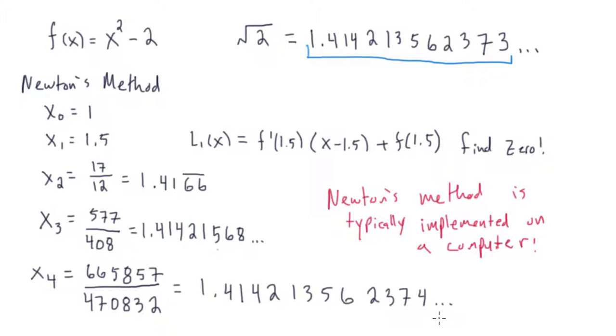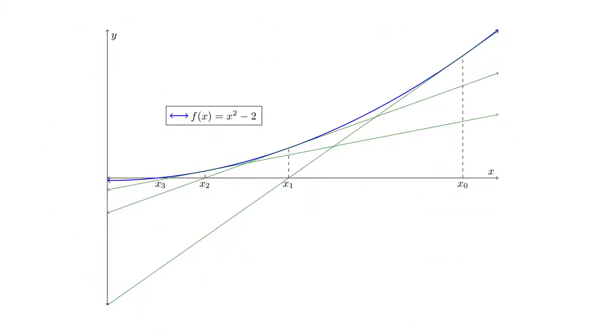And so the last thing I want to do is actually show you a picture of what's going on here. Okay, so here's a really cool picture to look at. This function in blue is x squared minus 2. And we know that the graph of x squared minus 2 crosses the x-axis somewhere between 1 and 2.